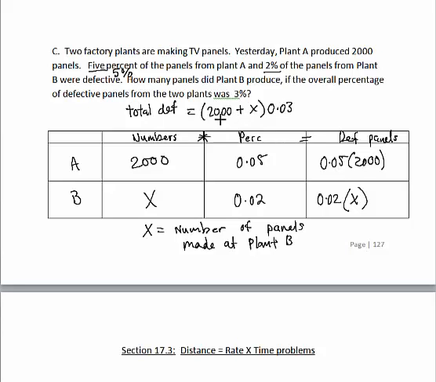So, in other words, we can take the sum of the two entries in the defective panel column, 0.05 times 2000 plus 0.02 times x, and set that equal to the other expression that should give us the same exact number, 2000 plus x times 0.03.